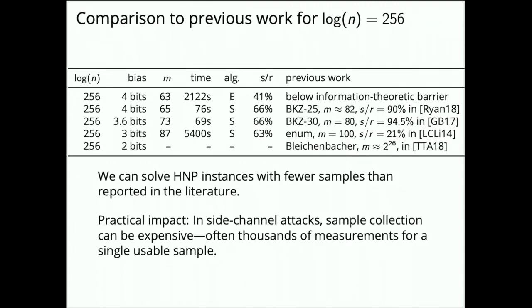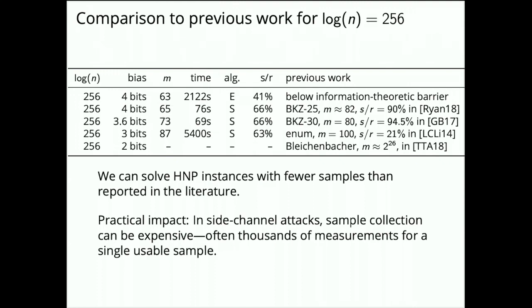So in comparison to previous work, there are a lot of these cases considered in the literature, but people were doing ad hoc things. For example, running BKZ with arbitrarily chosen block sizes and needing, say, 82 samples. In comparison, we need far fewer samples.